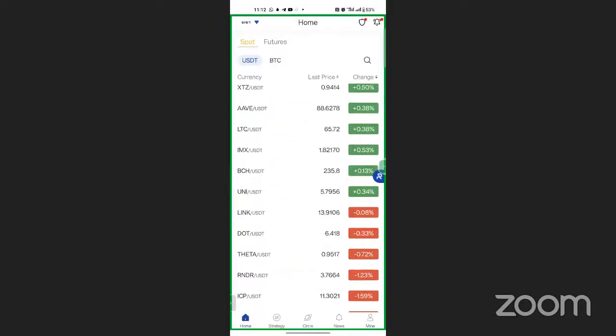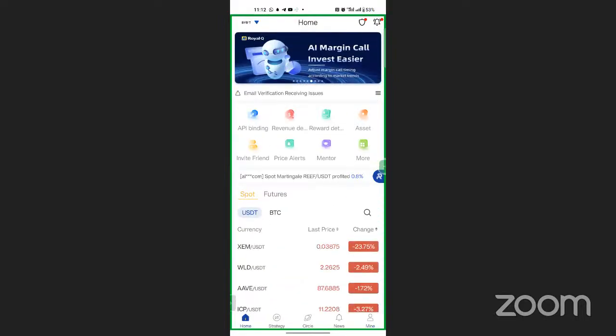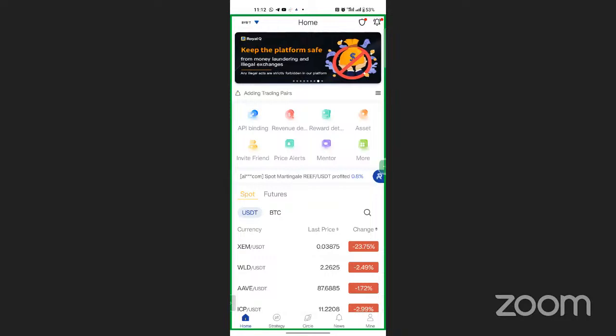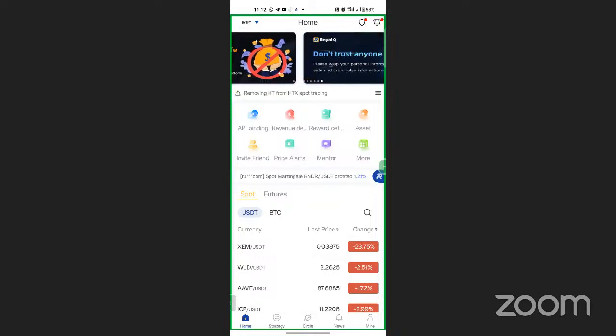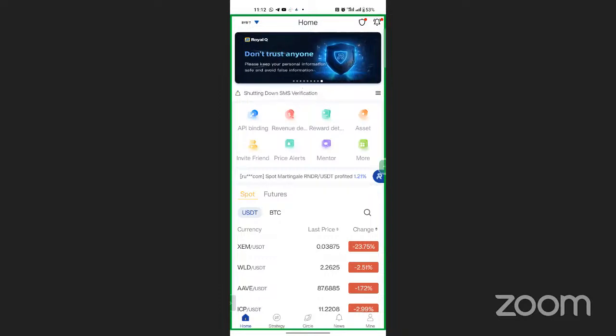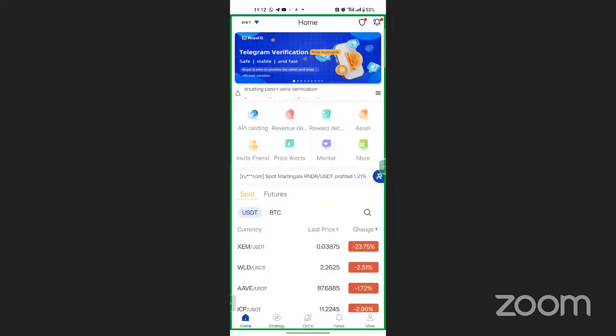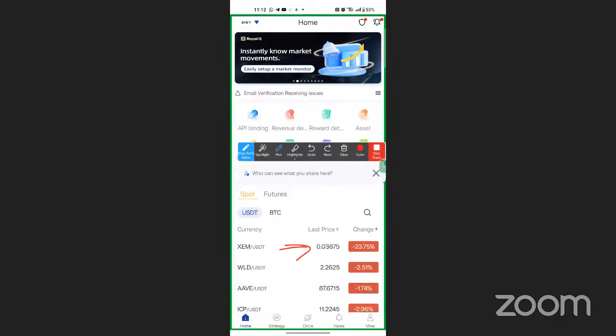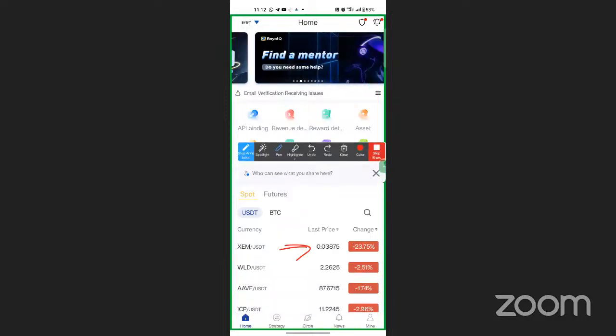So come on home, tap on percentage change. Coins that are doing so poorly will basically appear. And when they appear, this doesn't mean, listen to me clearly, ladies and gentlemen, that this is how this coin is doing currently.